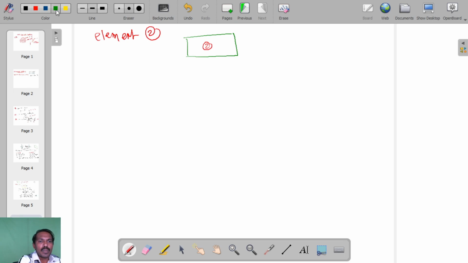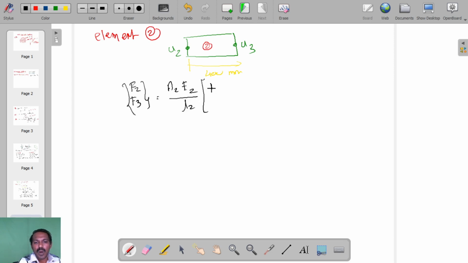The node numbers are u2, u3, and the length is 400 mm. Okay. The general formula is f2, f3 equals A2 E2 divided by L2, times the matrix 1 minus 1, minus 1 1, and u2, u3, because these are the element 2 values.